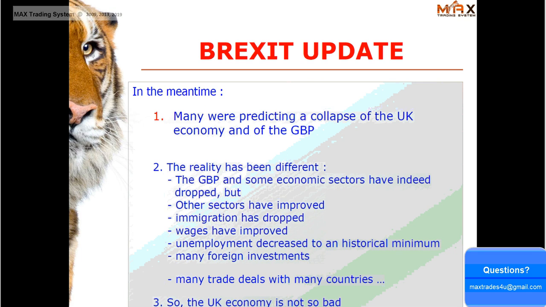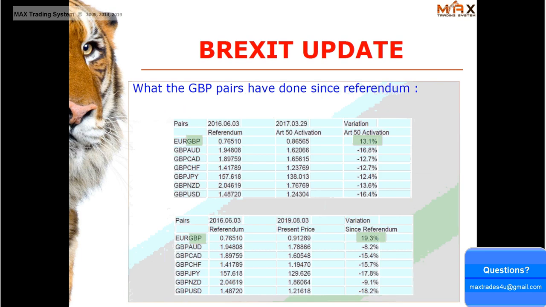So we can conclude that finally, with all these points, the UK economy is not so bad, at least not as bad as predicted by many economists. But we can have an idea where the pound pairs can move, in fact. And so I will show here several types of numbers concerning these forecasts.